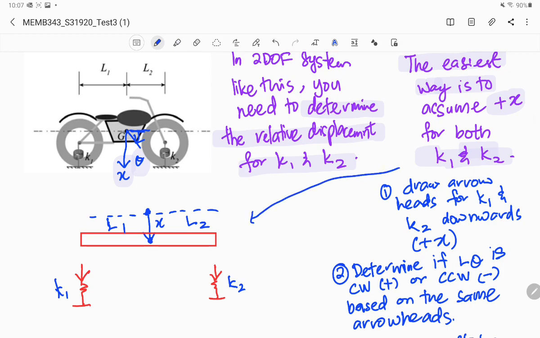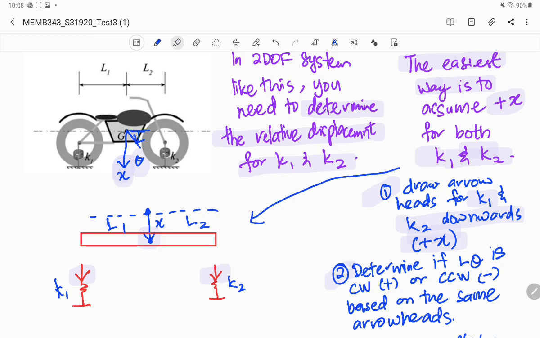There are two main steps basically. First, draw arrowheads for K1 and K2 downwards, because we already defined in the question that downwards is positive. You can see the red arrowheads for K1 and K2 are downwards, in the same direction as the assumed direction for x.